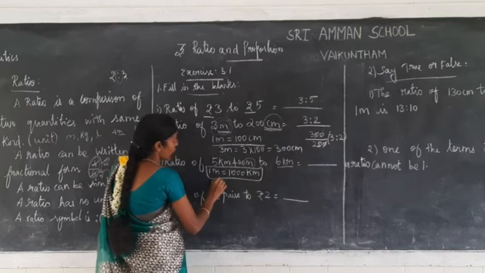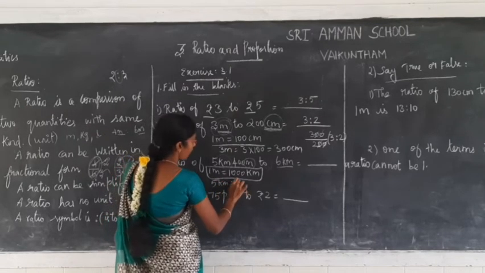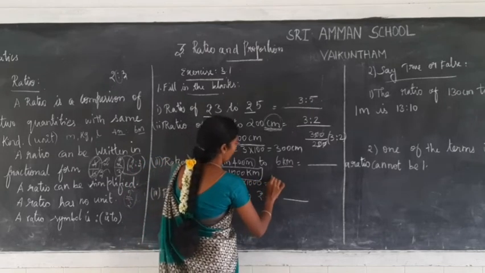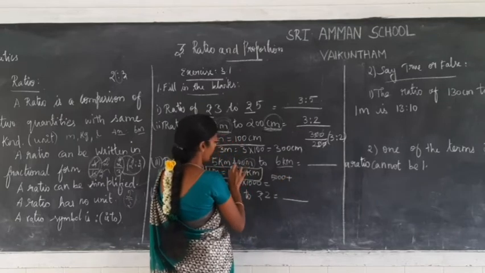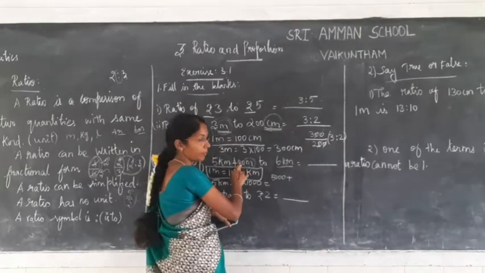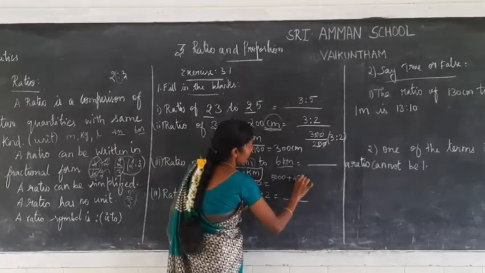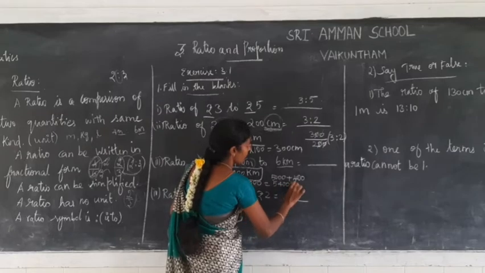So 5 kilometer equals 5 into 1000, which is 5000, plus this 400. 5 kilometer and 400 meter means 5400 meter. That is 5000 plus 400, which is equal to 5400 meter.